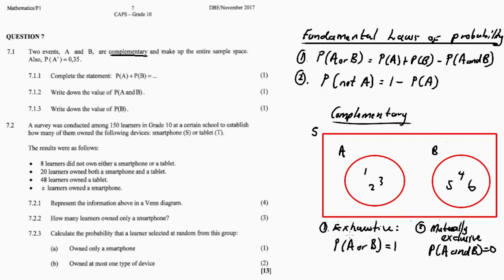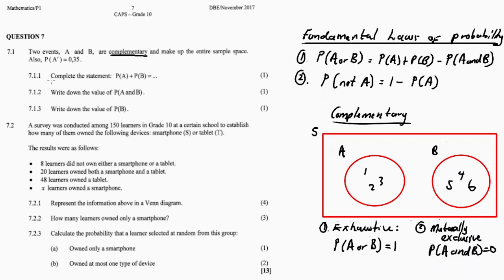Right, so the conclusions we draw from complementary events are that the probability of A or B is 1, and, being mutually exclusive, there is no intersection, meaning the probability of A and B is equal to 0. So now, in order to answer my question, we need this information, right?